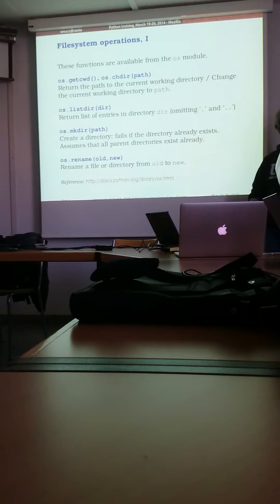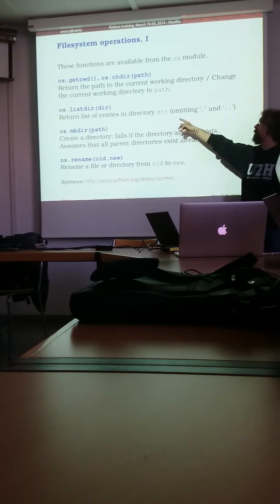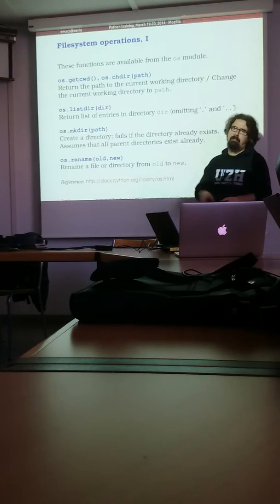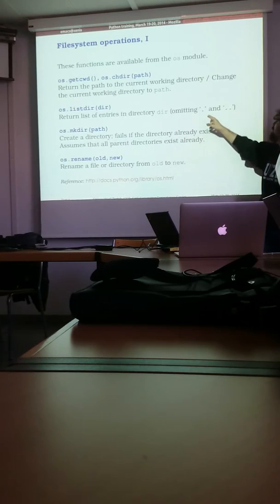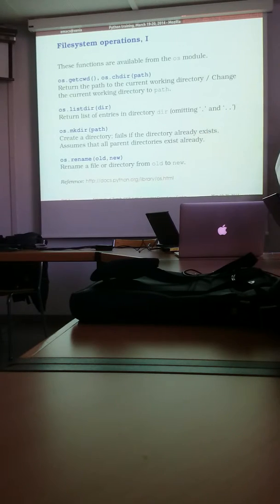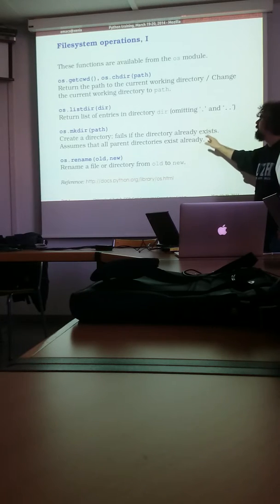One returns the directory where the program is running, and the other one changes it, like the cd command in the terminal. listdir is like the ls command in the terminal and returns a list of the entries, the file names, in that directory. It omits these two directories, which are special in the Unix file system and always exist. So you can add them back if you want.